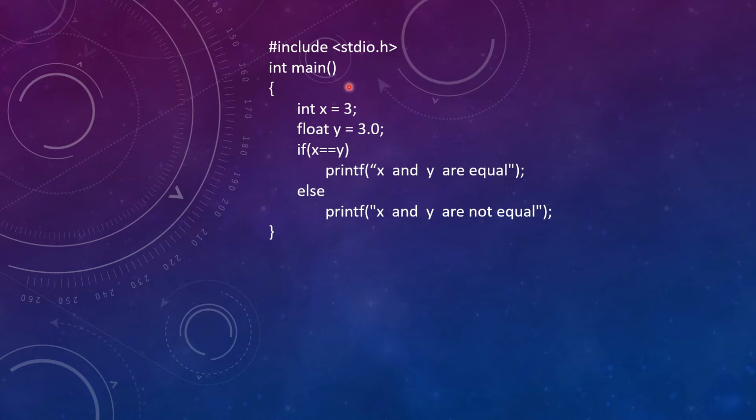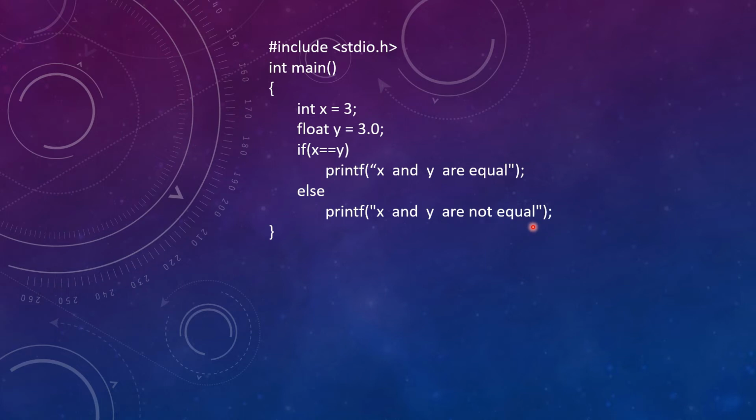Content wise it is almost the same, 3 and 3.0 is the same, but in coding float and integer variables are completely different. So whenever you compare between them, definitely the condition will be false, correct? Because 3 and 3.0 are entirely different things in C language. So definitely this condition will be false and your answer will be x and y are not equal.